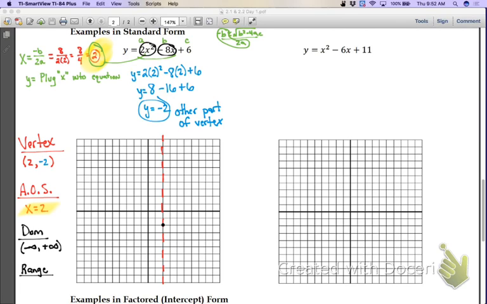What's going to happen if I plug in 0 right there? 0. So what's my y-intercept? 6. If it is in standard form, there's my y-intercept.